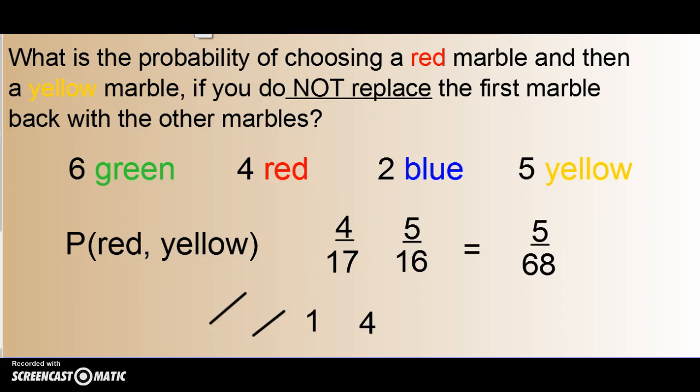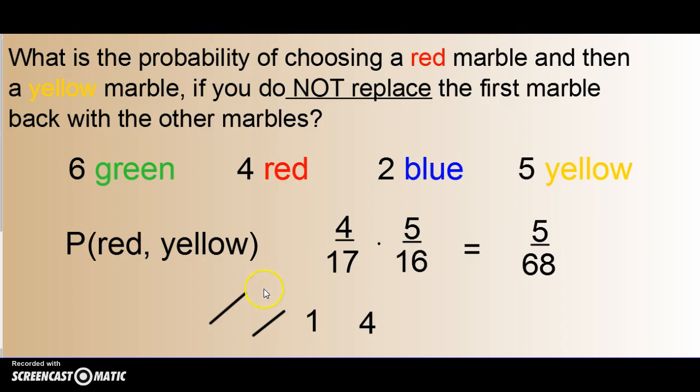And so then you would say, let me just quickly do the multiplication sign. Then you would say, the second time there are 5 yellows out of now we only have 16 left. So you're assuming that the first time you did get the red. So how many yellows left out of 16 in all?